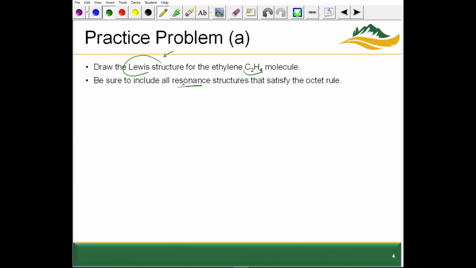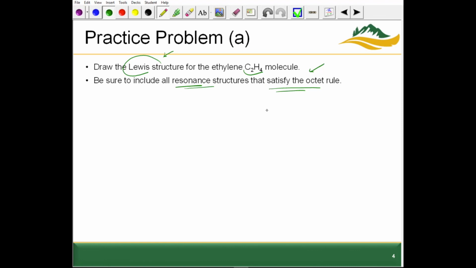It's also important that if we do show resonance structures, those structures also have to satisfy the same rules we talked about for Lewis dot structures. So resonance structures also have to satisfy the octet rule. If they don't, then they really aren't viable resonance structures.